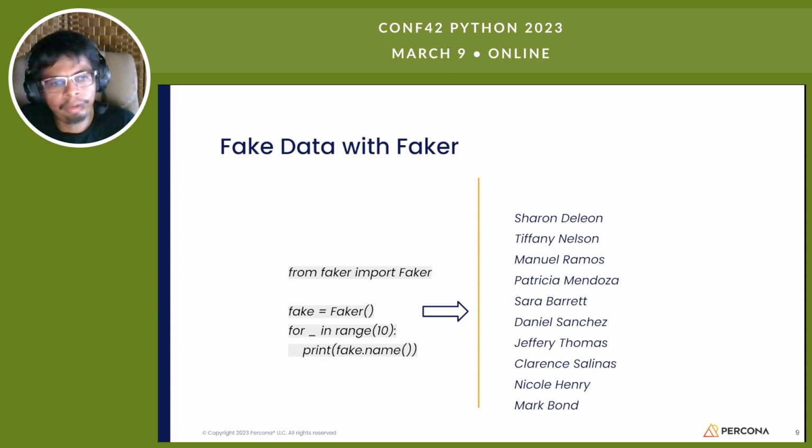And then by calling one of the properties, we generate 10 randomly generated names. This list will change every time you run this code, as this data is generated by using a random method.